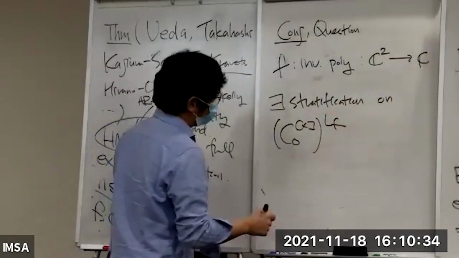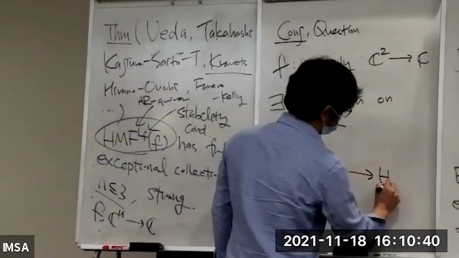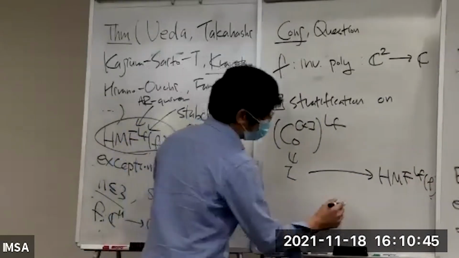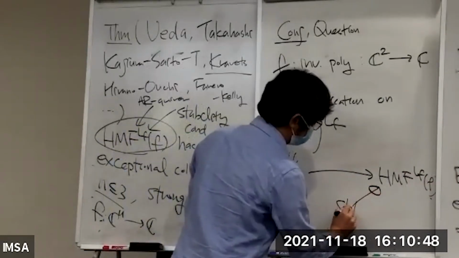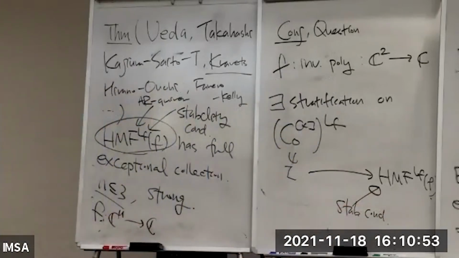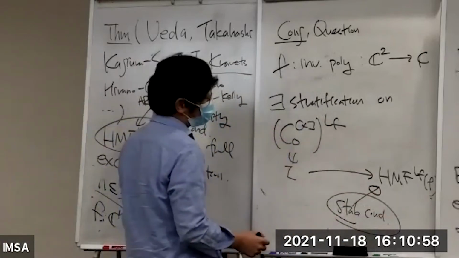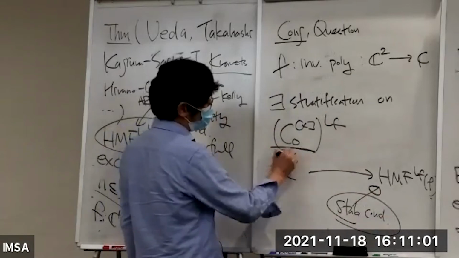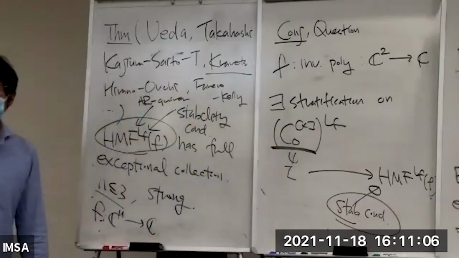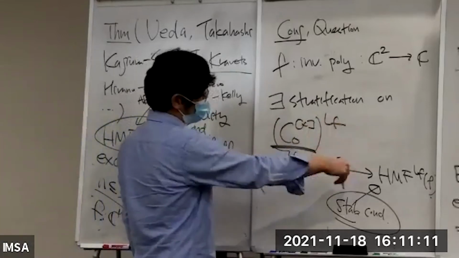As I told you, if I have an ideal here, this goes to this matrix factorization category, and there's a natural stability condition here. The original question we were studying is whether we can compare these. This stability condition naturally induces a certain stratification here, and our original project was to compare the stratification here and here.